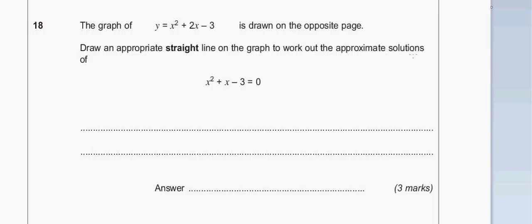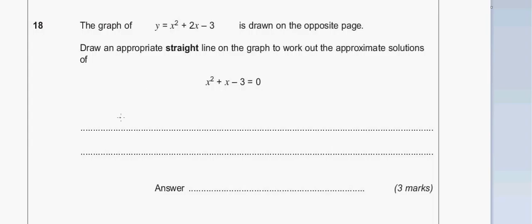Okay. So really, we know that y equals this. We also know that this equals 0, or y equals this. So this must equal this.